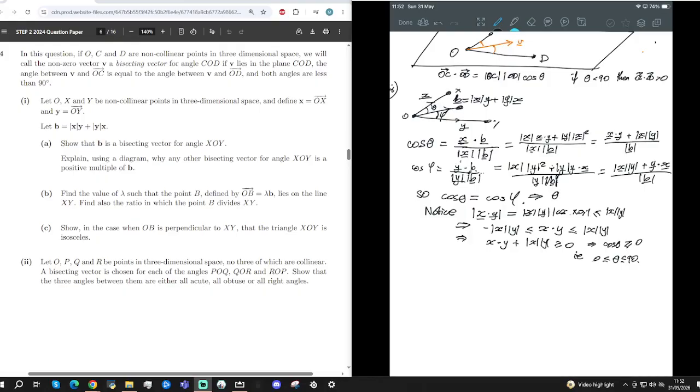This means that theta equals phi, at least the principal value, and because we're only working between 0 and 360 and we're pointing all in the same directions, we could have 360 minus theta for each of these, but then we're measuring round the wrong ways. Theta equals phi in their principal values. So thus B is a bisecting vector.